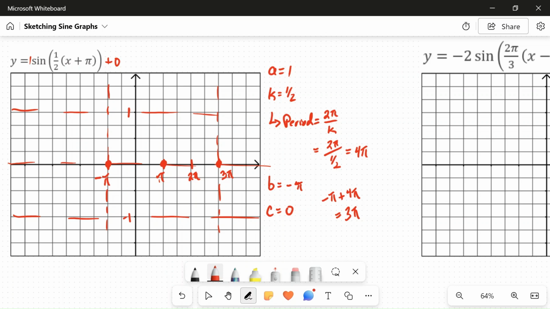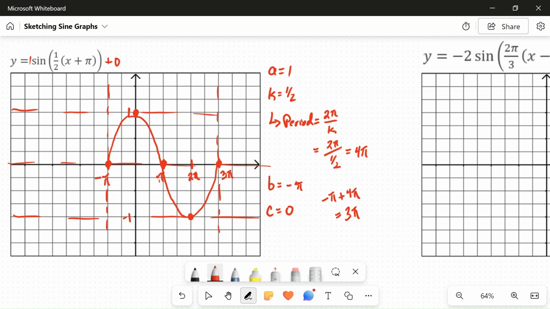Because the amplitude is positive, it's just a 1, we don't have to reflect the graph, so it will hit the maximum between the first and second x-intercepts. It's going to hit it right there at 1, and it's going to hit the minimum between pi and 3 pi, so it'll be down there. Okay, so we just connect our dots, and then I'm going to label my points, and we'll be done.